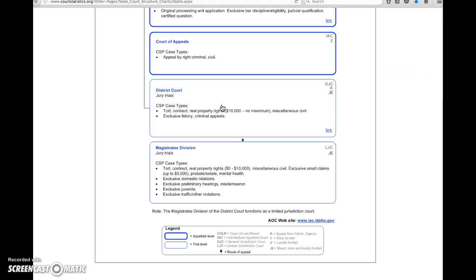And what this means is that if you live in a rural area, all right, so let's say you live in a small town and your small town is serviced by a magistrate court. We'll just use Idaho as an example, okay? So your small town has a magistrate court which has jurisdiction over these type of cases. And so let's say you're suing your neighbor for $15,000.